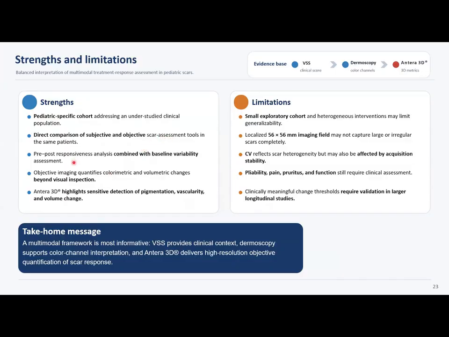This is also very useful for pre and post responsiveness analysis of our combined therapy for those scars. The 3D system is much more sensitive in detecting pigmentation, vascularity, and volume change, the three parameters I mentioned.